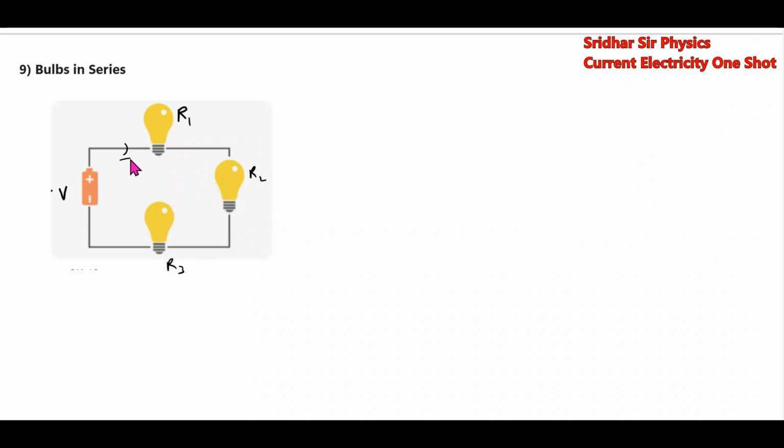Then the same current I will flow. Then what is the power dissipated across the first bulb P1, second bulb P2, third bulb P3? P1 equal to I square R1, P2 equal to I square R2, P3 equal to I square R3.